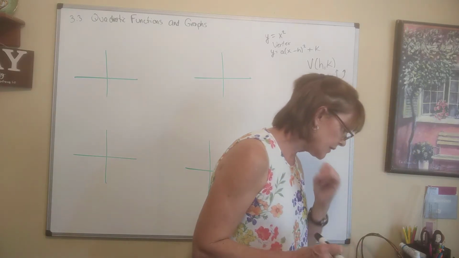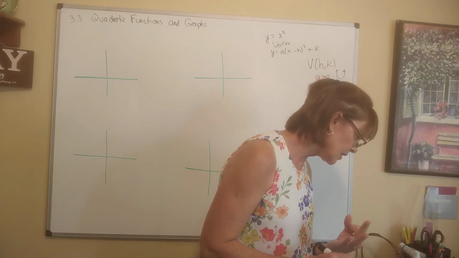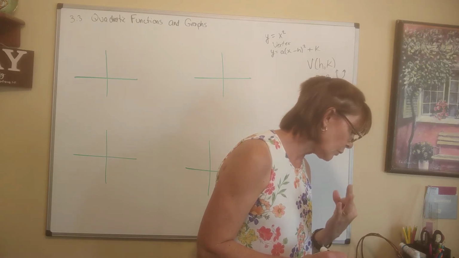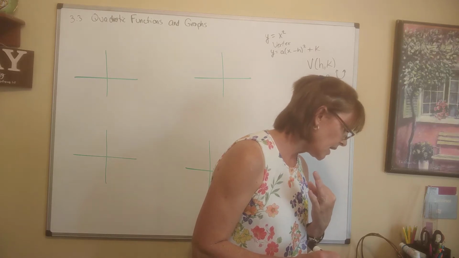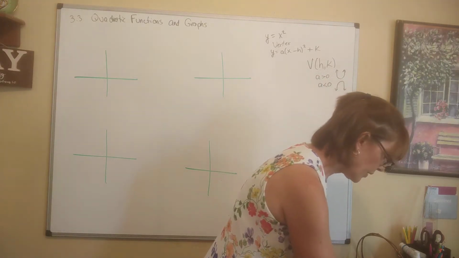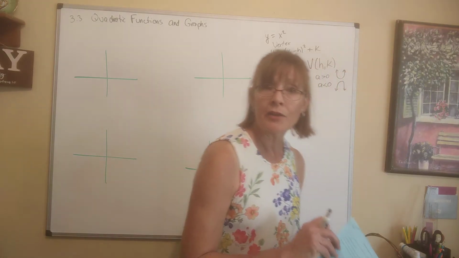What we're supposed to do is find the vertex, the domain and range, the equation of the axis of symmetry, the largest open interval where it's increasing, where it's decreasing, and say whether there's a max or a min value and what it is.